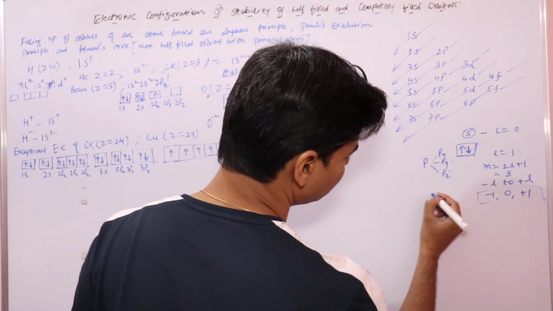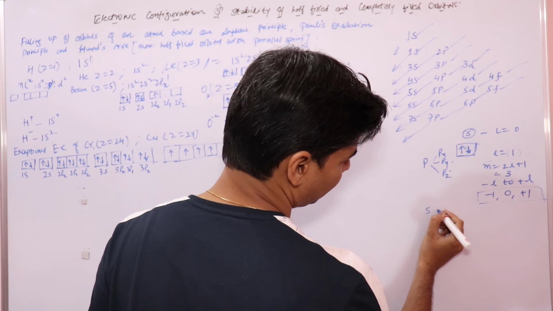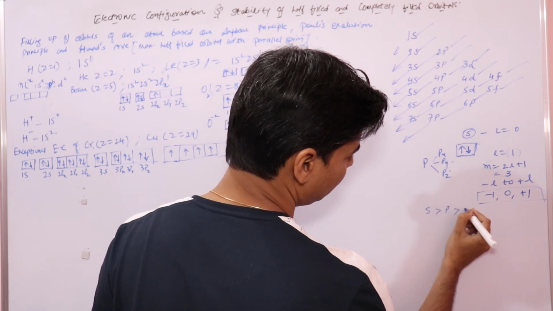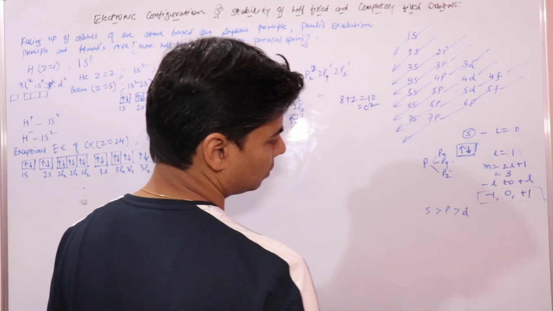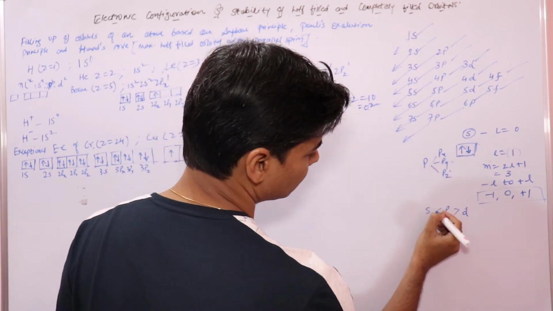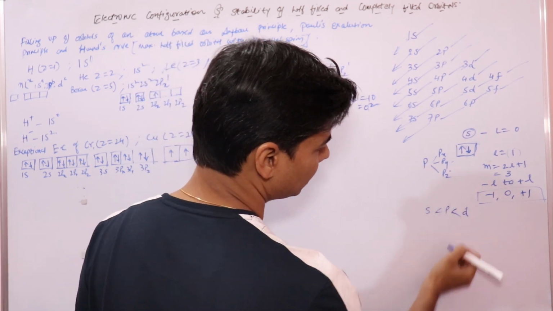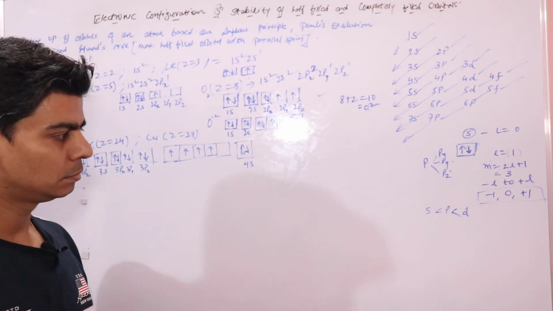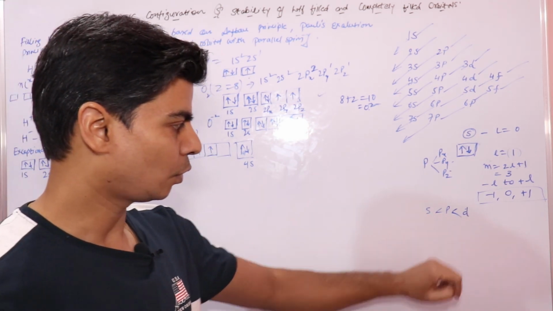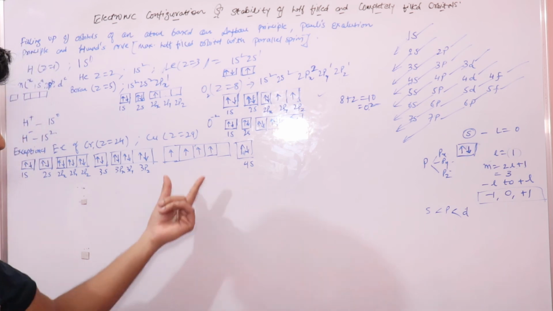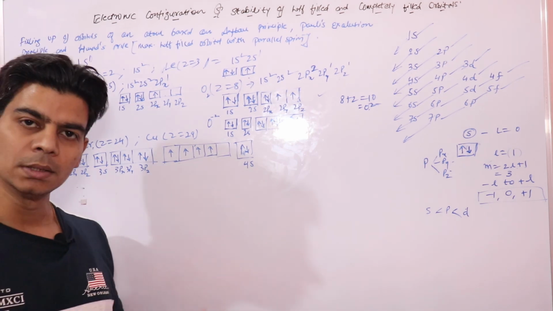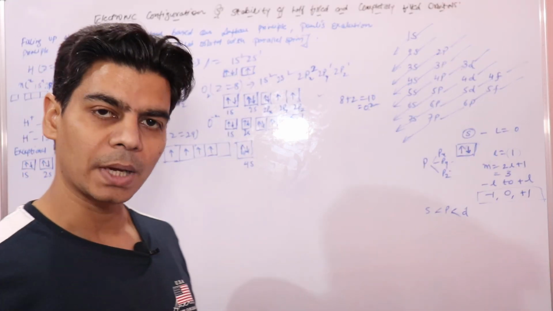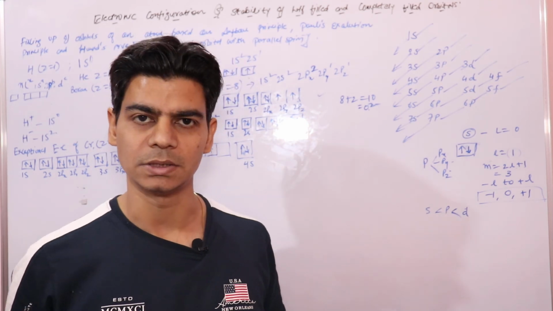If you look at the energies of orbitals, s is less than p, and p is less than d, right? This is the order of energy of orbitals. Normally the electron will occupy the orbital of lesser energy.